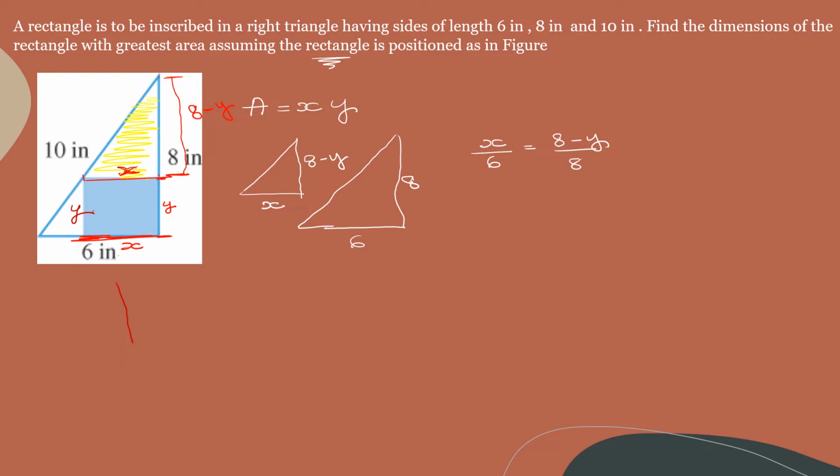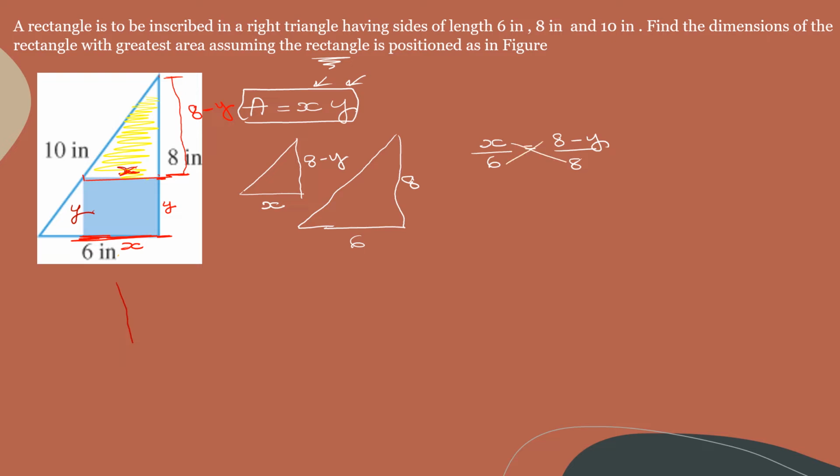Why are we doing this? In this equation we have two variables, x and y. We need to convert them into one variable. So it is better to change y into x. You can change x into y also, but I prefer to change y into x.